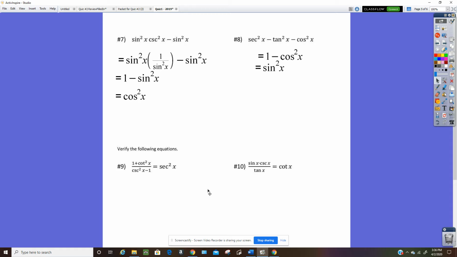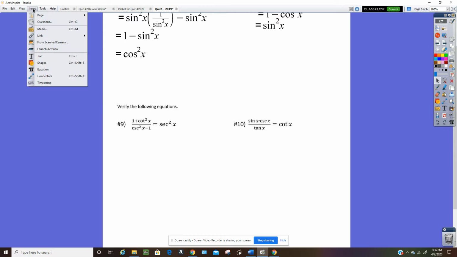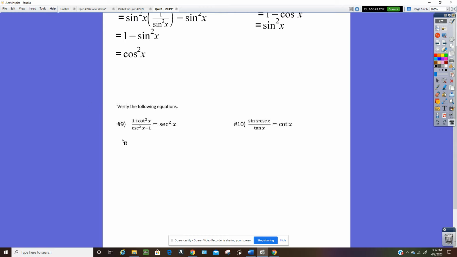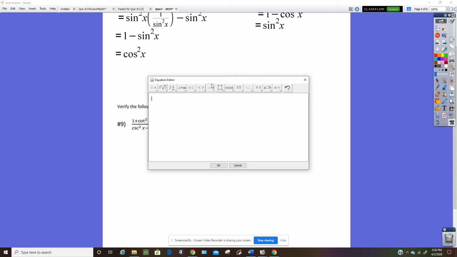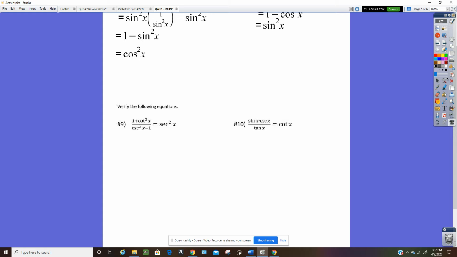And then the last two down here, you want to start with the more complicated side, work on that and see if it equals secant squared. And then the same thing over here, work with the more complicated side, see if it's equal to cotangent squared. So 1 plus cotangent squared is equal to cosecant squared.